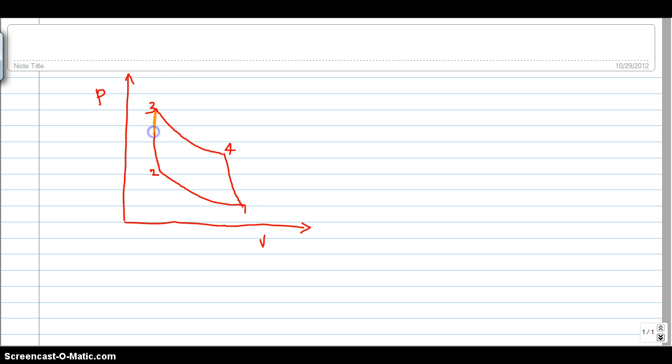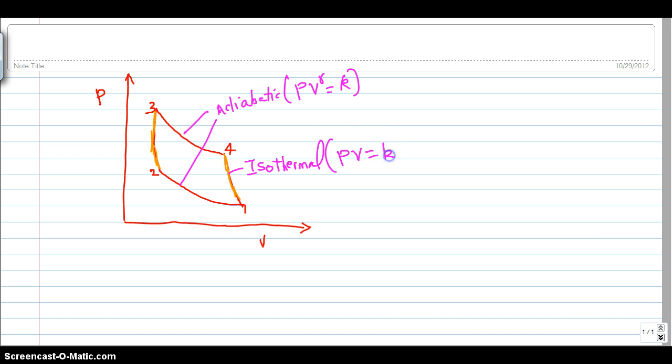The orange part over here would be the isothermal part, and the red ones are the adiabatic or isentropic processes. Mathematically you can write adiabatic processes with PV^gamma equal to constant, and isothermal with PV equal to constant. So this is the Carnot process.